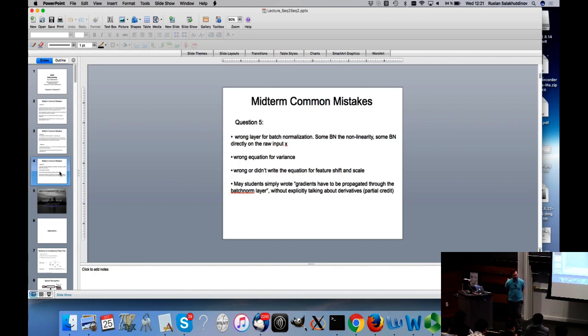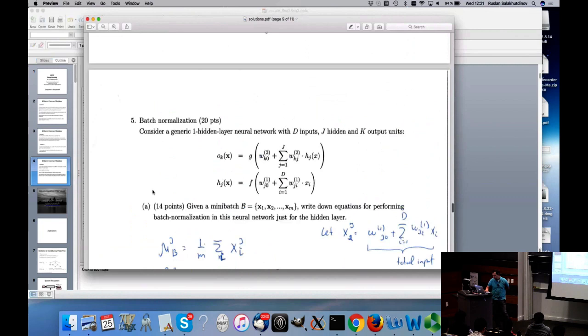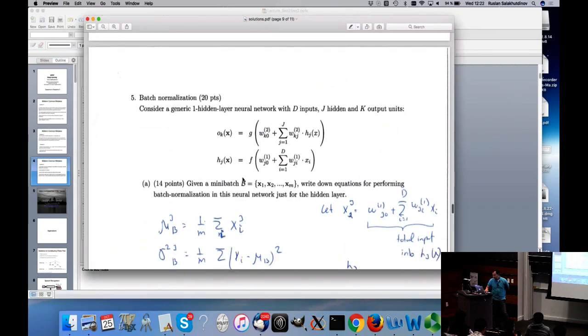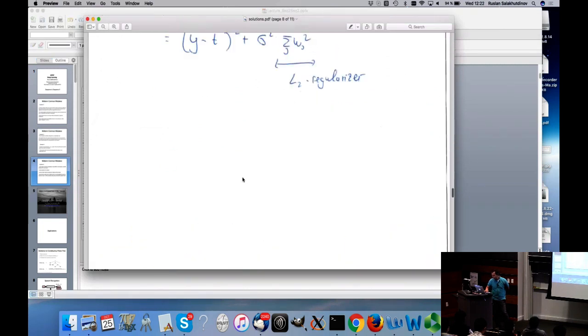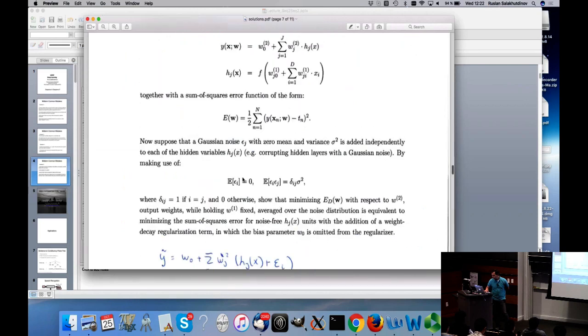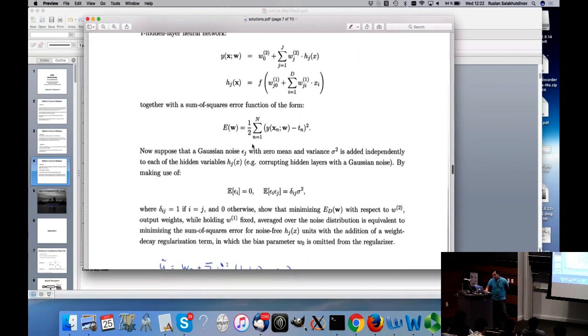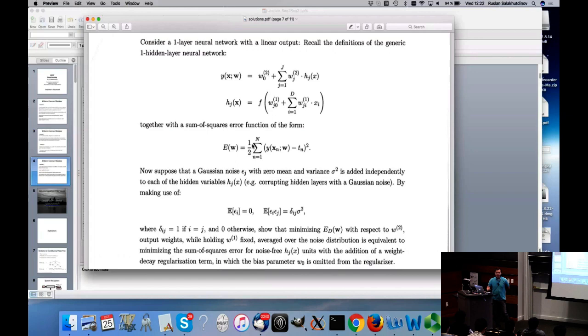Yeah, question? Can we add noise to the hidden layer so that, equivalently, we add an L1 to the regularization? Let me just quickly go to this. The thing about this particular problem is the reason why we could do this expression is because the output was a real valued output and our loss was squared loss, right?